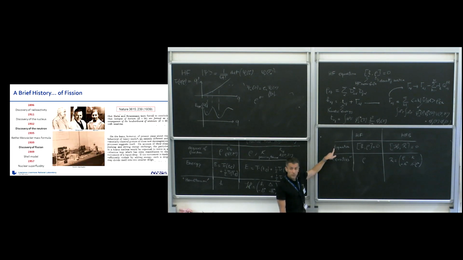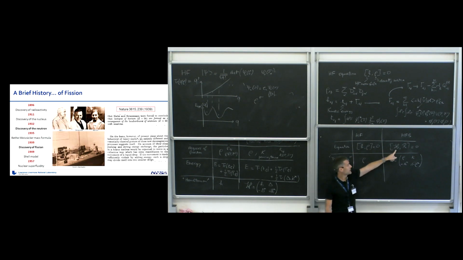The equation you solve is still a commutator. So in Hartree-Fock, it's this commutator between these two objects. In HFB, it's between these two objects, where this mean field Hamiltonian is this guy, and then this so-called generalized density looks like that. And it encodes both degrees of freedom in a single object. Other than that, the way you solve the equation is pretty much like Hartree-Fock.